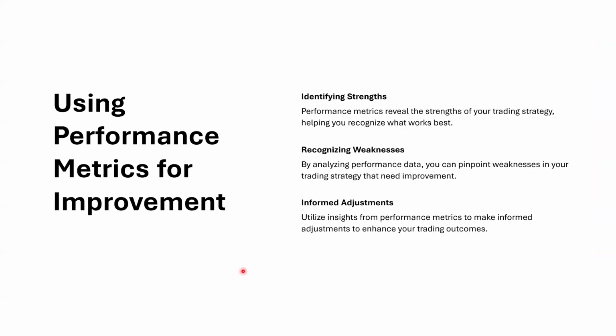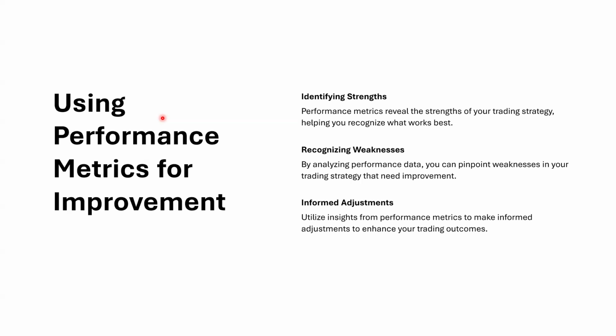Using performance metrics for improvement, identifying strengths: performance metrics reveal the strength of your trading strategy, helping you recognize what works best. The best way to do it is just to pick a sample size. Let's assume my risk reward ratio is 1 to 2 and I'm picking a sample size of 10.